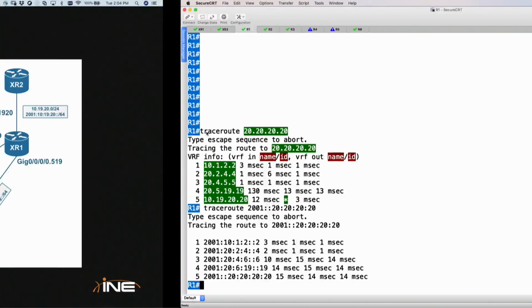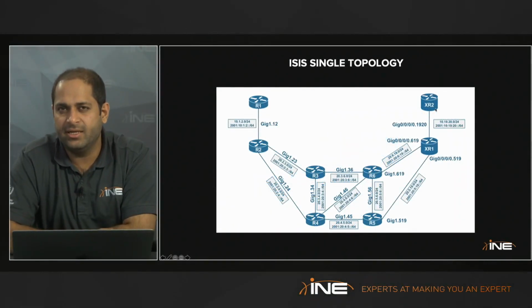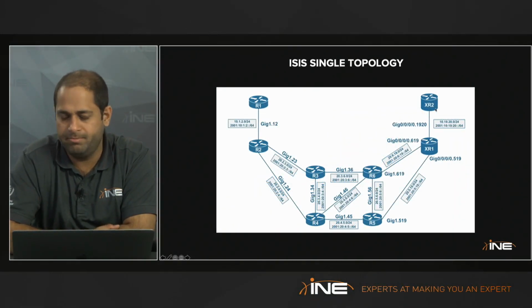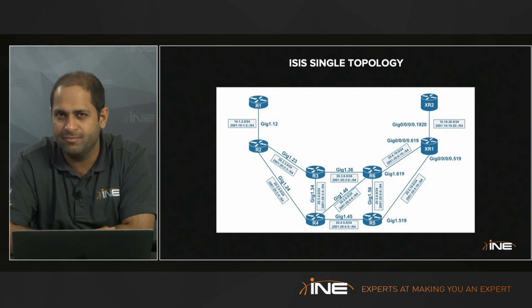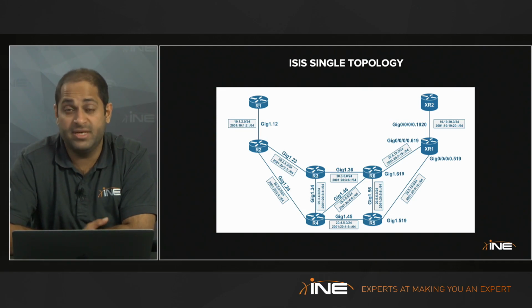Now what's actually happened is that from R4's perspective, he is doing a load balance because IPv4 and IPv6 both have equal cost on R4 towards XR2, because if he goes via 6, it is 1 hop, 2 hops, and 3 hops. If he goes via R5, it is 1 hop, 2 hops, and the third hop is XR2. Since the metric is the same, it basically sends it to CEF, and CEF will do a load balance based on the mechanism, which could be based on source IP, or destination, or maybe based on the flow.